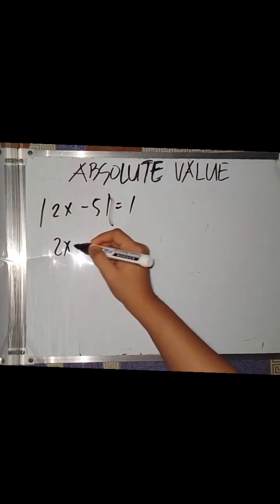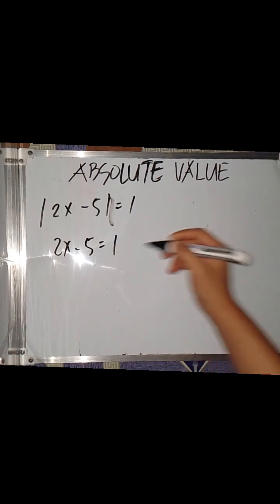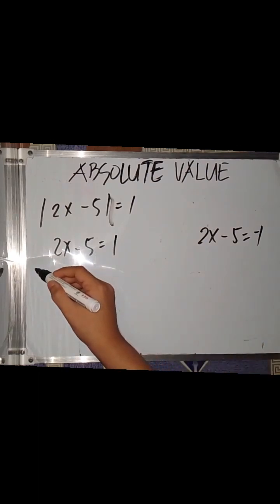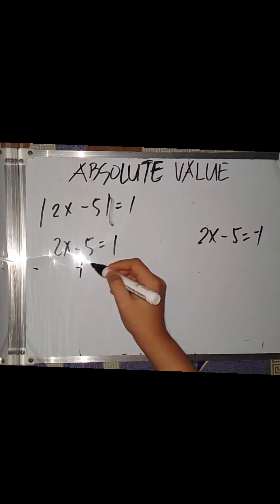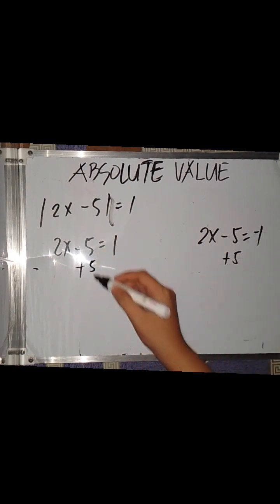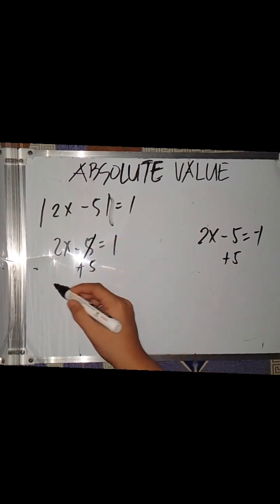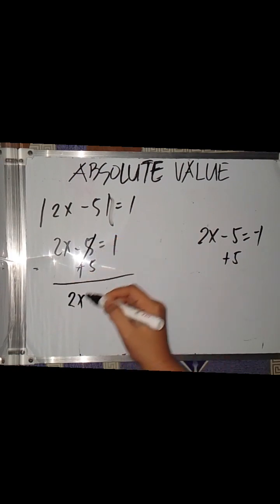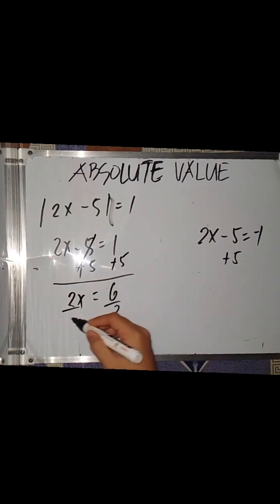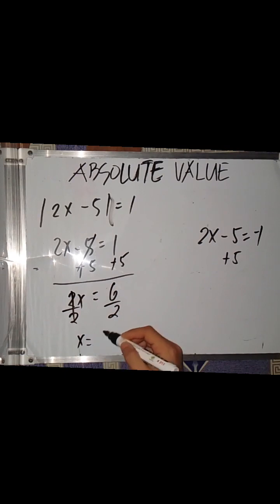Again, write this equation in this form: 2x minus 5 is equal to positive 1 and 2x minus 5 is equal to negative 1. Again, we add 5 so that we can cancel out the negative 5. So we have 2x is equal to 6. Divide both sides by 2, so we have x is equal to 3.